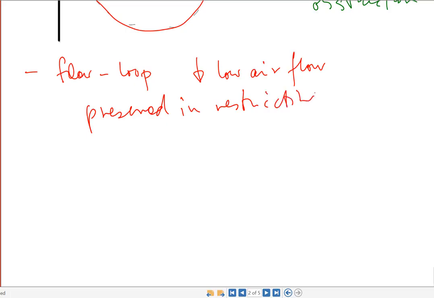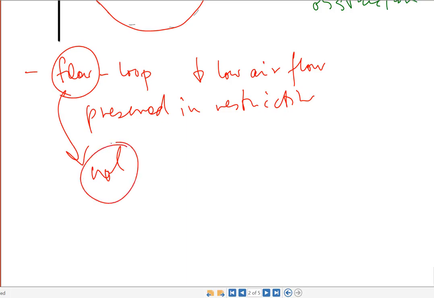Without comparing the flow to volume, you would say, well, those flows are low. But remember, flow is low when the lung is mostly collapsed because there's less elasticity. So the preservation of this flow relative to the volume of lung is very useful in characterizing restrictive diseases, where the decreased flow alone might suggest obstruction.